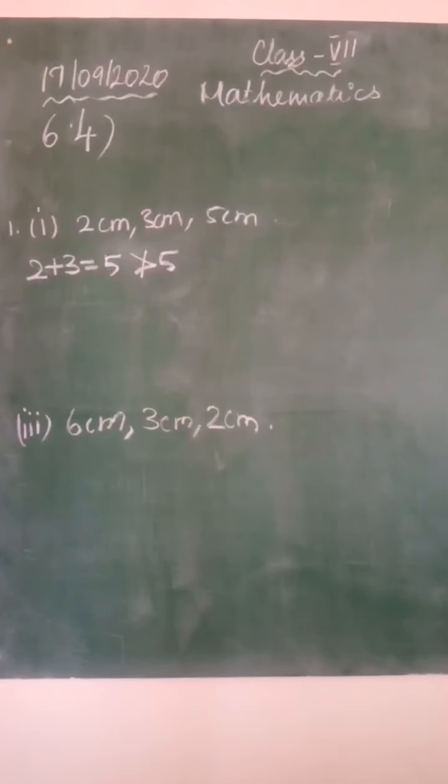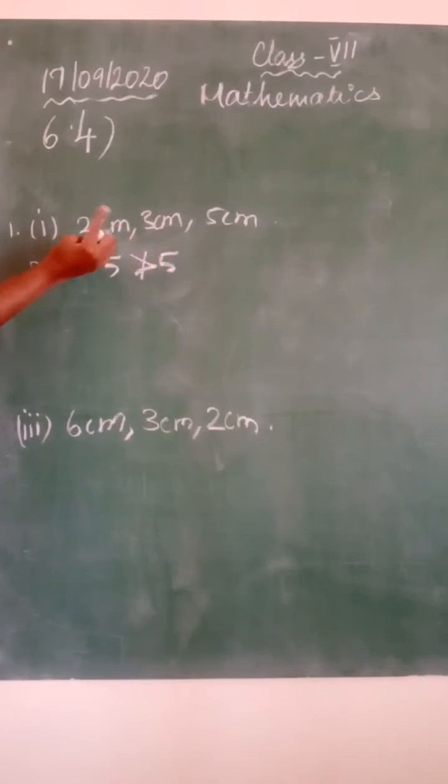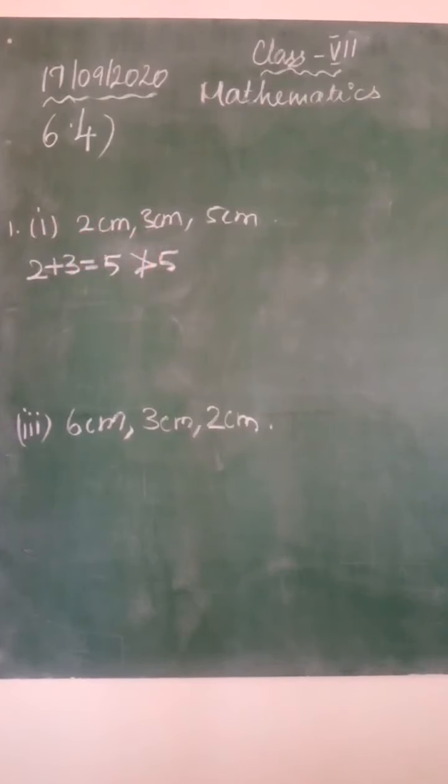I told you already in the classwork sum that we have to check it for all the 3 possible cases. That is, adding the first 2, then the next 2, then the last one with the first one. For everything, the third side which you have left out should be greater. But in the first case itself, it has gone wrong.